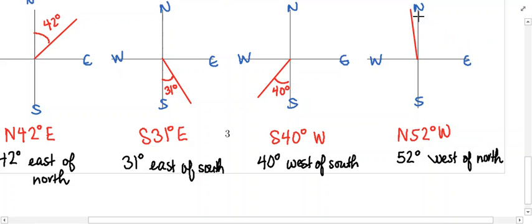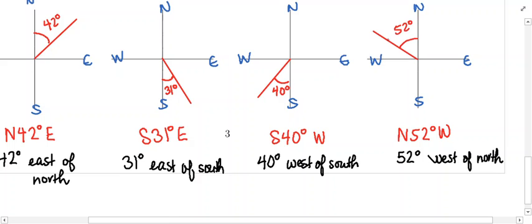This will be your starting point. And then you're going to rotate 52 degrees towards the west. Again, I'm just eyeballing this. So maybe about here. This angle is 52 degrees, not this one. It's the amount of rotation from due north.